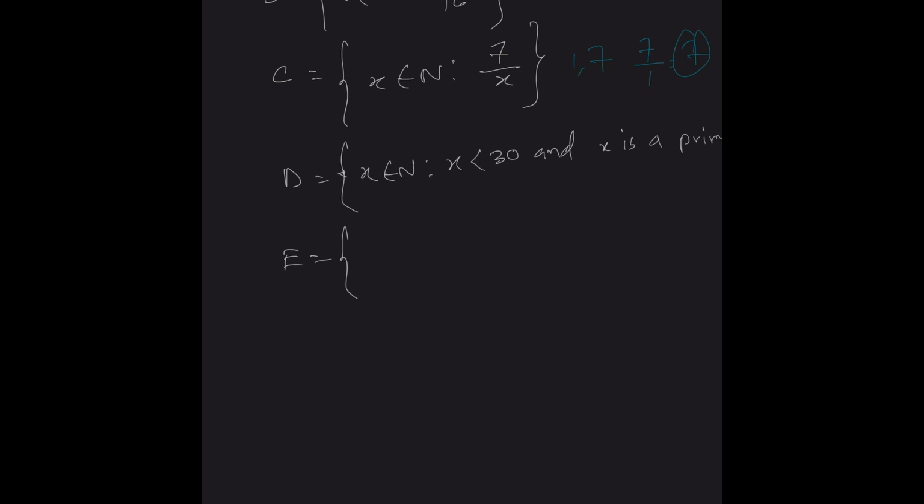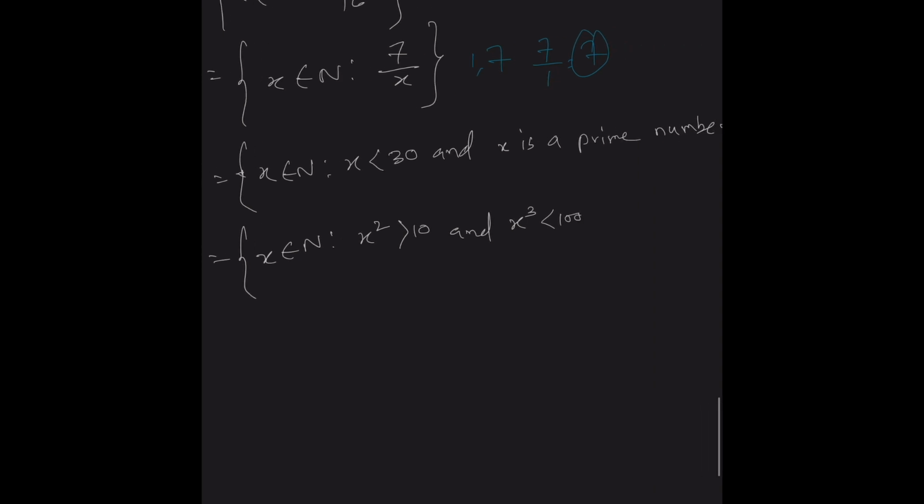So you want to represent a set of natural numbers where the square of this number will be greater than 10, and the cube of these numbers will be less than 100. These are some ways we can present some typical types of sets.